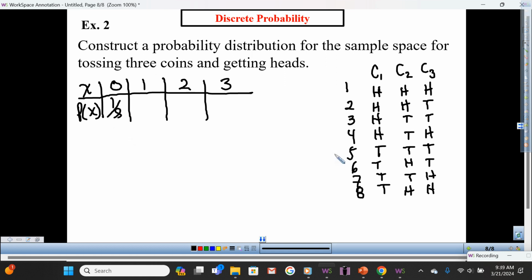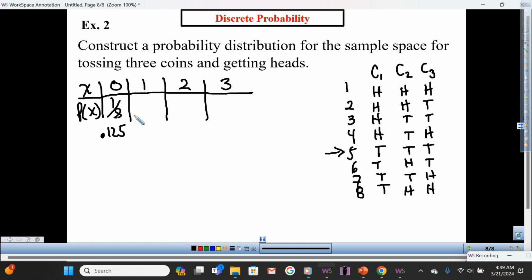Because if you notice here, which is one that does not have any combination of heads? This one right here. Tails, tails, tails. All right, so 1 out of the 8, so that's 1/8, and that's how much in decimal form? Point what? 0.25? 0.125. Okay. All right.